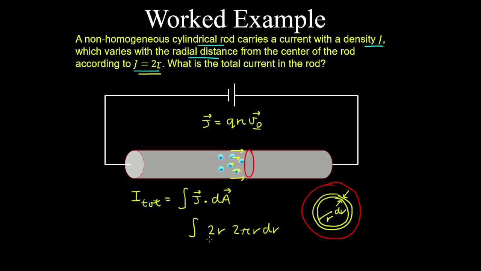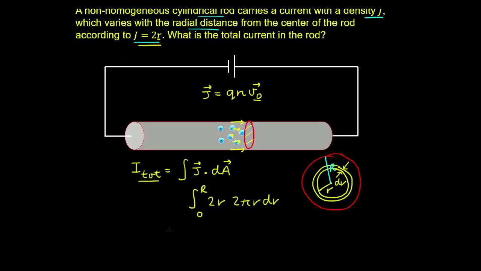And then we integrate this from r equals 0 to the radius of the cylinder to get the total current through that cross-sectional area. So taking the constants outside the integral, we have 4 pi, and the integral evaluates to r cubed on 3, evaluated from 0 to r.